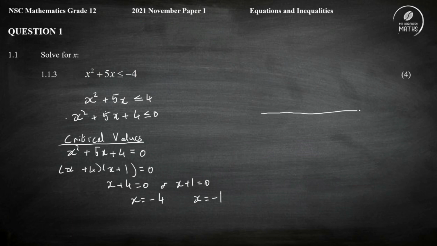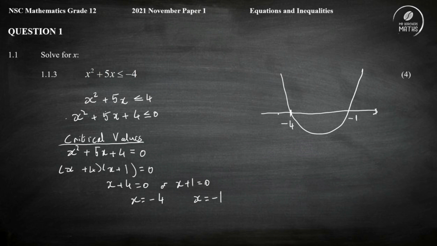That means that negative 4 and negative 1 are the values where the outputs of our function change from being negative to positive or positive to negative.